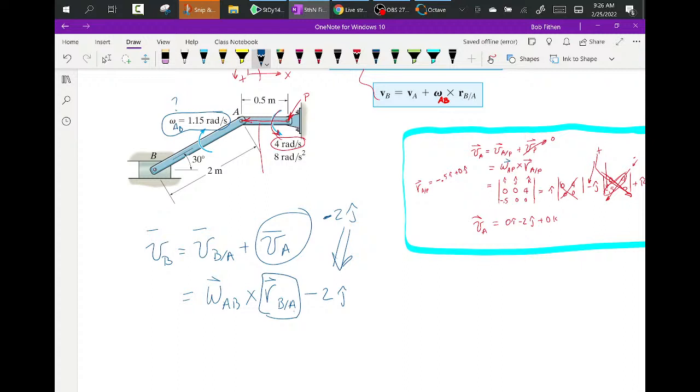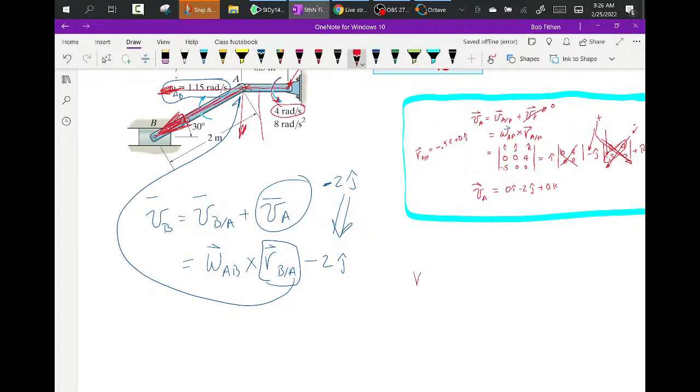This is a vector which starts at A and proceeds down to B. At this particular point, I'm going to make use of something I already worked on, and that is that I found this distance and I found that distance.